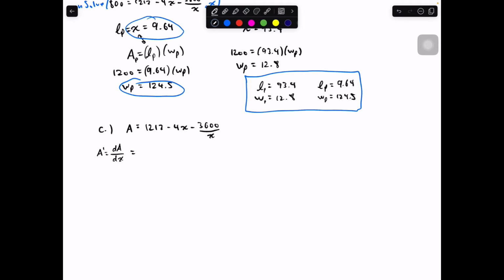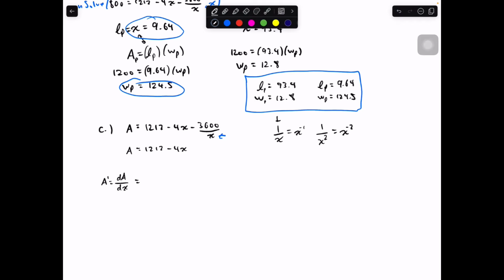To first do this, since we have a variable in the denominator, we're going to want to rewrite this. So let's write this as area is equal to 1212 minus 4x, and whenever we have a variable in the denominator, we need to write this out as a negative exponent.